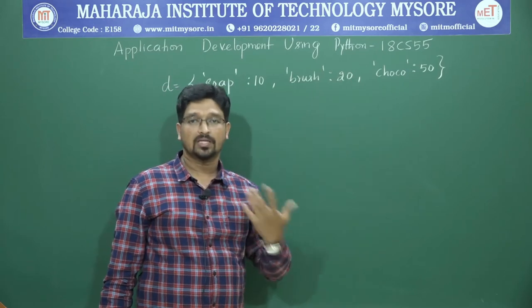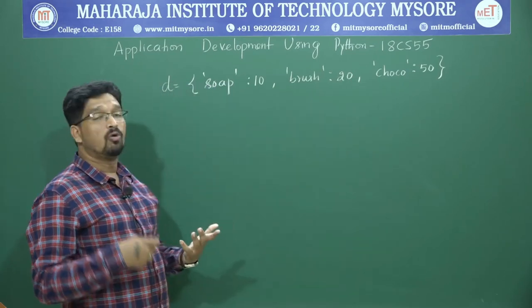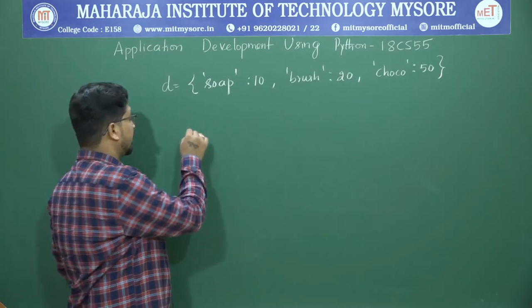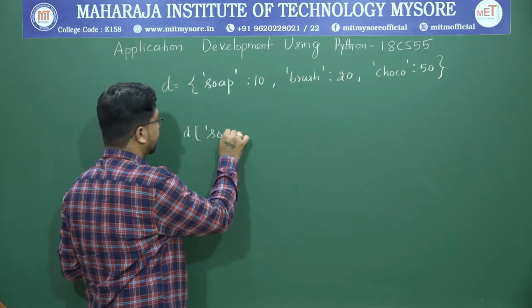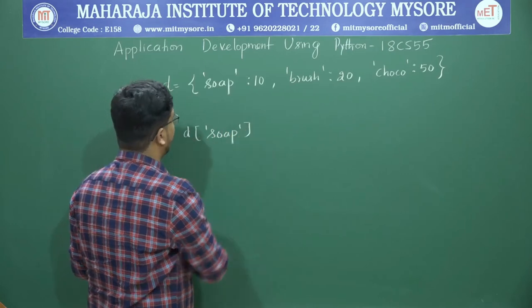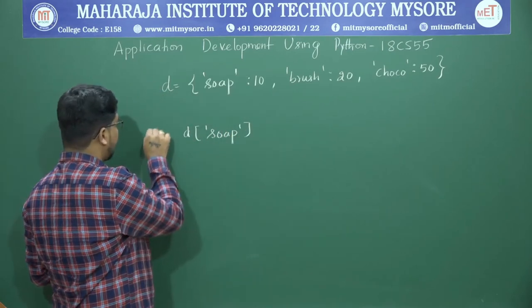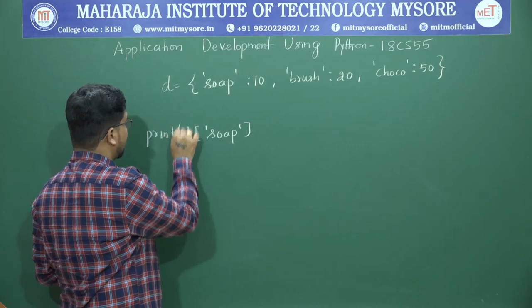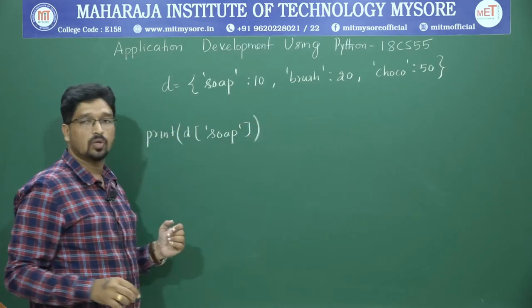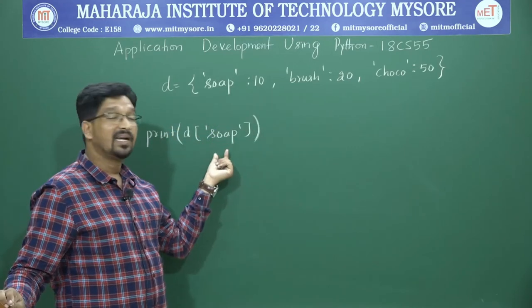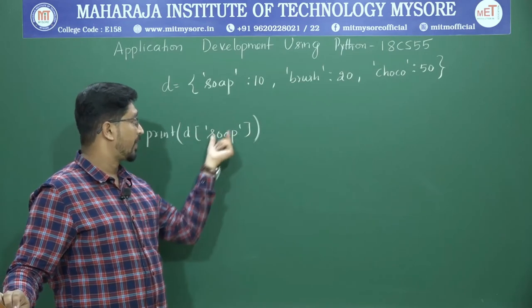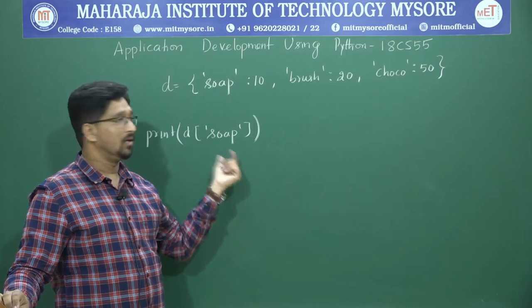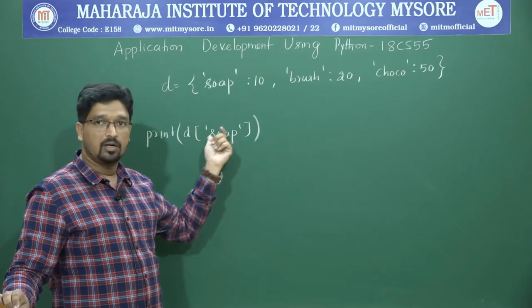And you know how to access the values. If you want to know how many soaps are there, then you simply say D of soap. If you say print D of soap, then you will get the output 10. In the same way, print of D of brush gives 20, and choco gives 50.